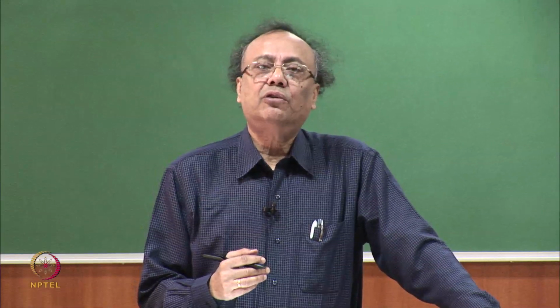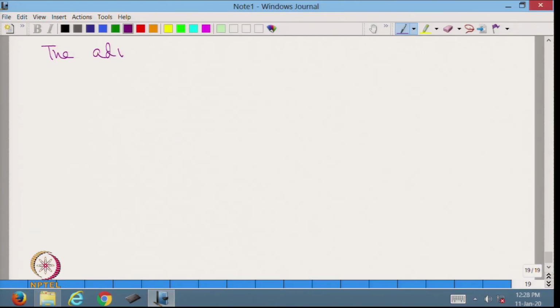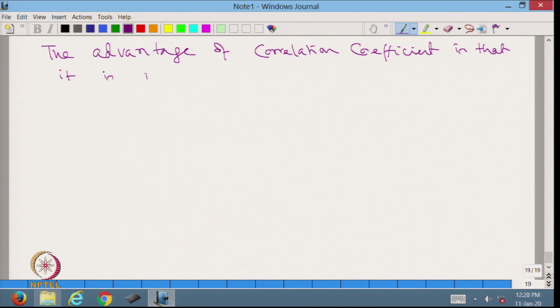Same is with respect to covariance. The advantage of correlation coefficient is that it is independent of units.